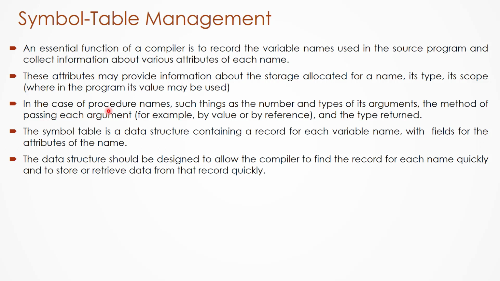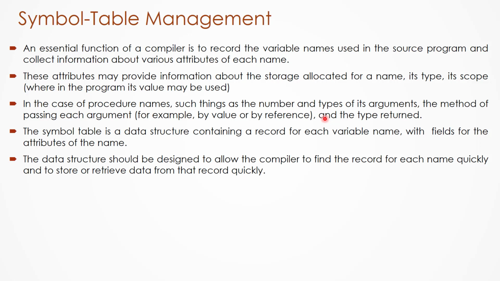In the case of procedure names, such things as the number and types of its arguments, the method of passing each argument and type returned are also stored in the symbol table. Symbol table always contains details about the variables. So symbol table always contains some details about the identifier. It may be either a variable or some function call or some procedure name.